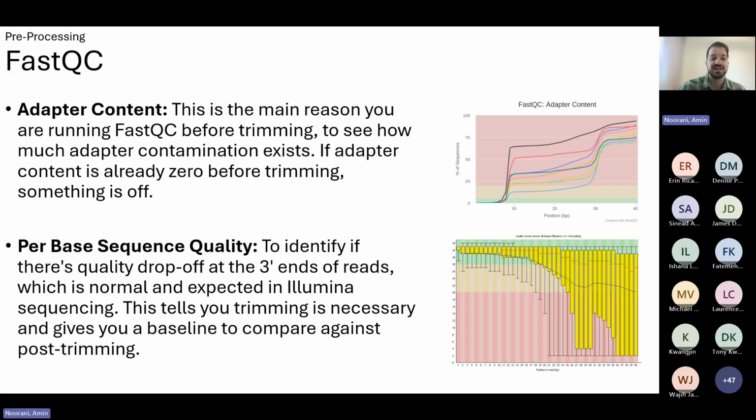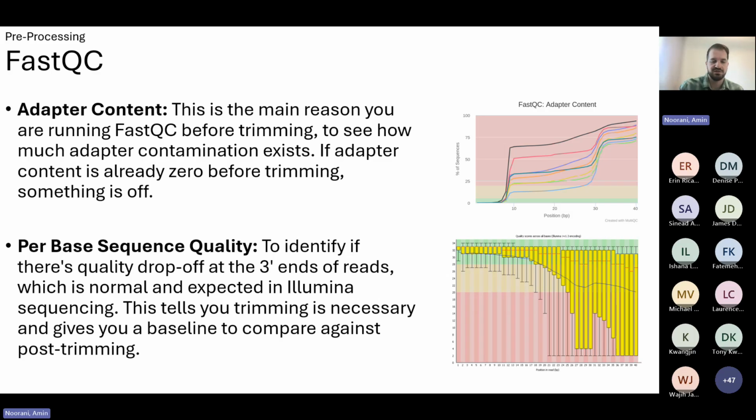This tells you trimming is necessary and gives you a baseline to compare against post trimming. This is an example of what the plot looks like. In this case, you can see the quality dropping toward the 3' ends, which is typical in Illumina sequencing, and exactly what we use trimming to correct.